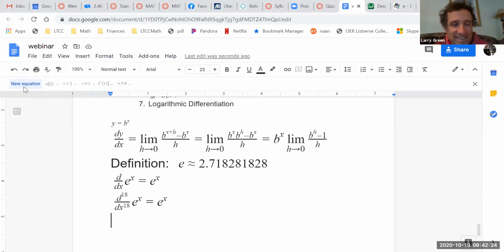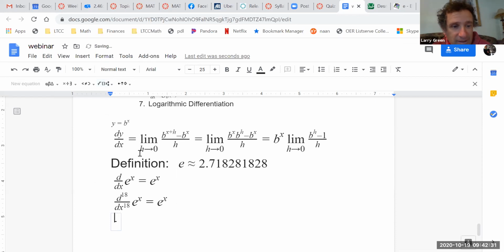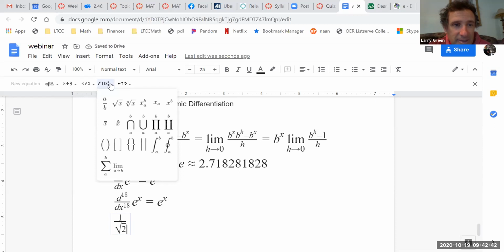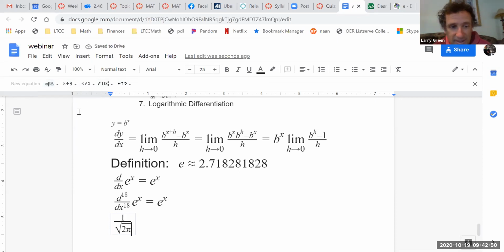So let's look at 1 over the square root of 2 times pi times e to the negative x squared over 2.